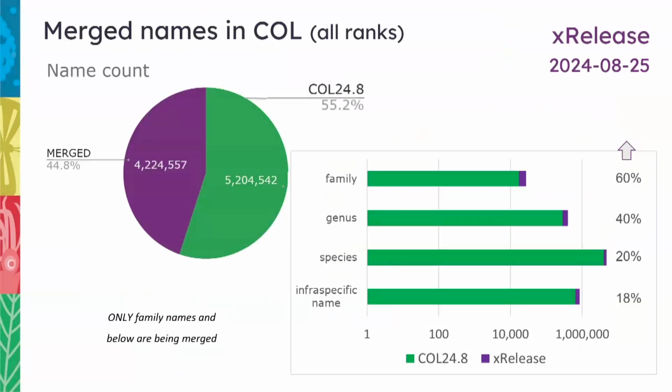In the latest version of the extended release, we merged around 80% more names into the Catalogue of Life. However, this number is constantly changing due to the adjustments we are continually making to the process. If we take a look at the names that are being added by rank, the largest increase is at the family level.